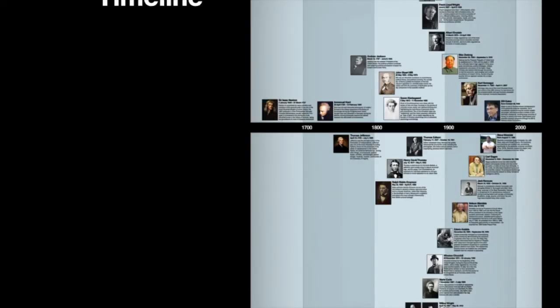This is one example of a timeline, and I apologize, I tried very hard to get a nice big version of this up for you all, but even when I went to the original source, for some reason it was very hard to see. But you can get the general point of this, which is great thinkers throughout history and how they kind of increase in time, which may or may not be true.